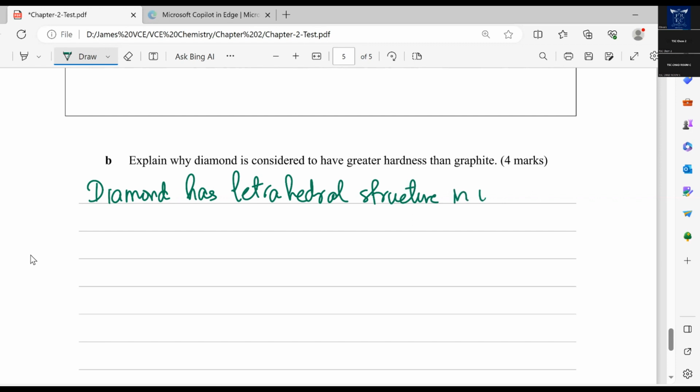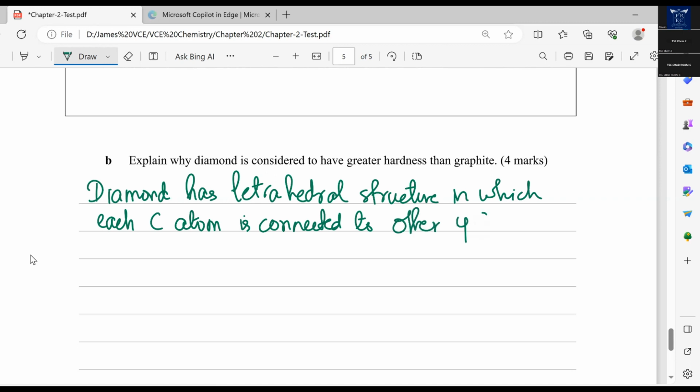In which each carbon atom is connected to 4 other carbon atoms in a very rigid structure with strong covalent bonds.